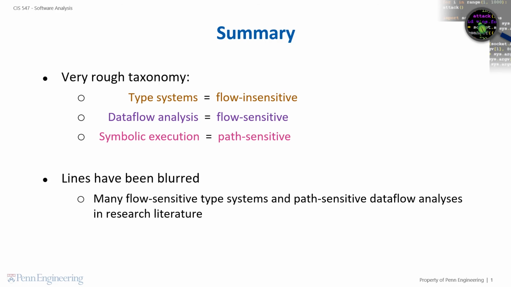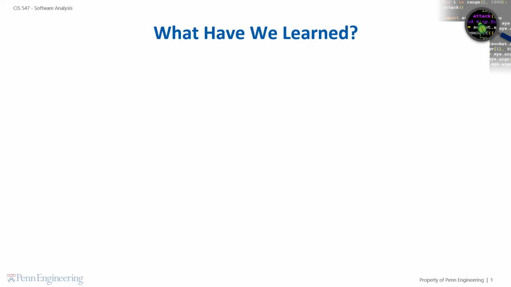For example, in the research literature, it is not uncommon to come across flow sensitive type systems and path sensitive data flow analysis. This concludes our introduction to type systems and their usefulness to software analysis in general. In this module, we have learned what a type is, an abstract value consisting of a set of concrete values having that type.